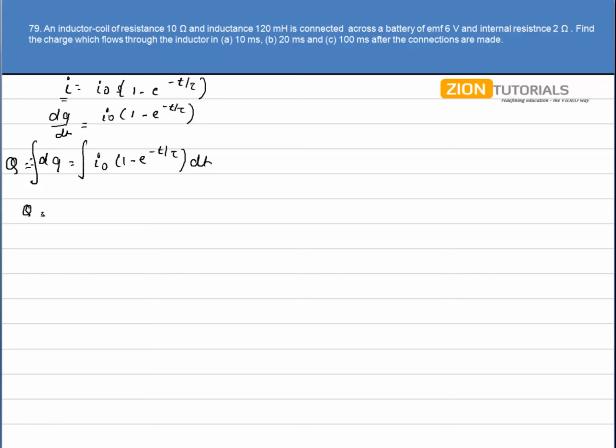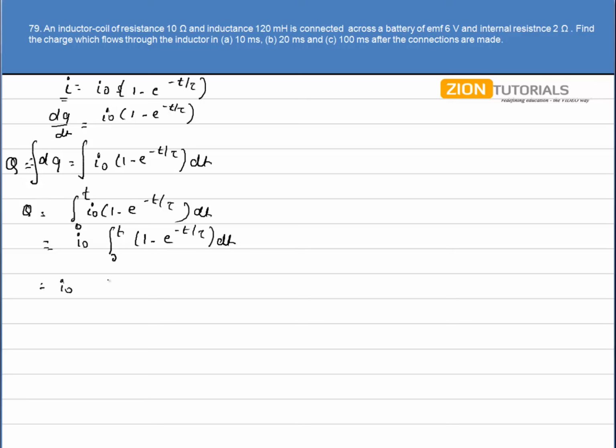So Q comes out to be the integral of I naught (1 minus e to the power minus t by tau) dt, from, let's say, 0 to time t. On integrating, I take I naught out of the integration, so it is the integration from 0 to t of (1 minus e to the power minus t by tau) dt.